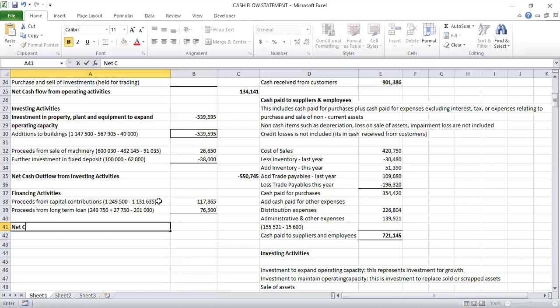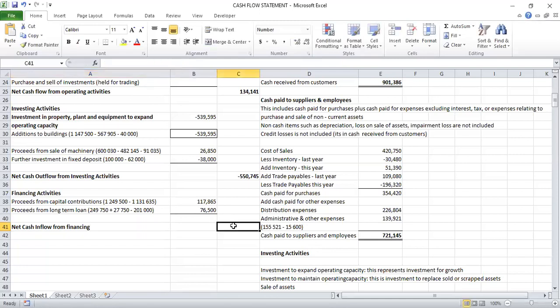Right, then we have net cash inflow from financing. We add these two, then we get our overall cash flow. We have done all our three headings. Then we have to find out our net increase or decrease in cash.